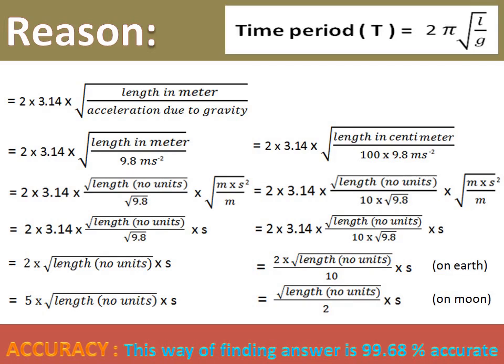And for length with no units, after finding the root, if he just divides it by 2, he gets the value if it is given in centimeters. So pretty simple and pretty easy.